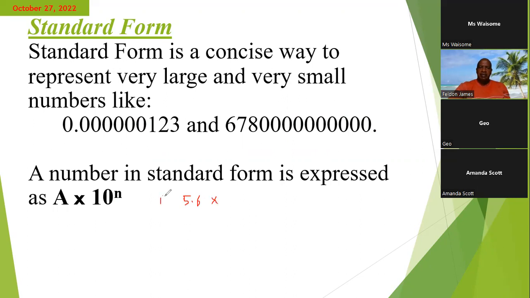So let's call this 1: 5.6 times 10 to the 7. And the second one, we're going to have 3.2 times 10 to the negative 8. Now your task is to write back these numbers in their normal form.